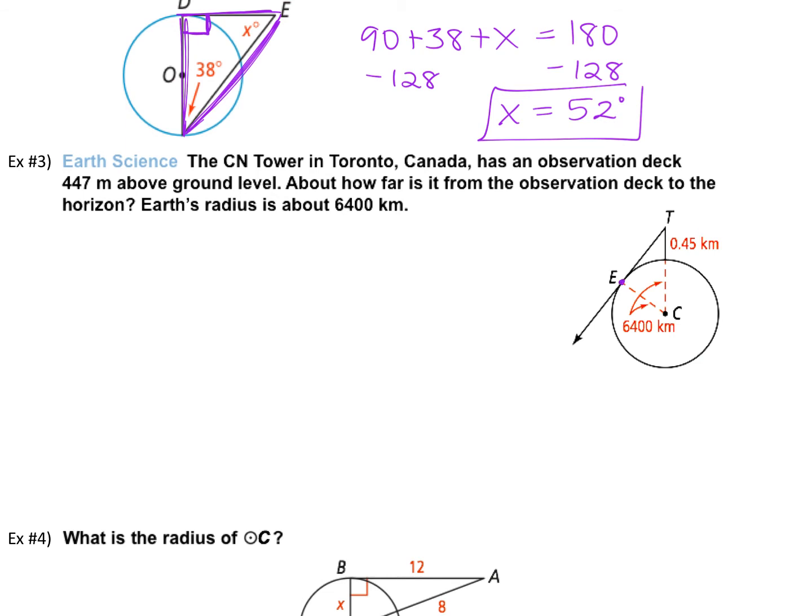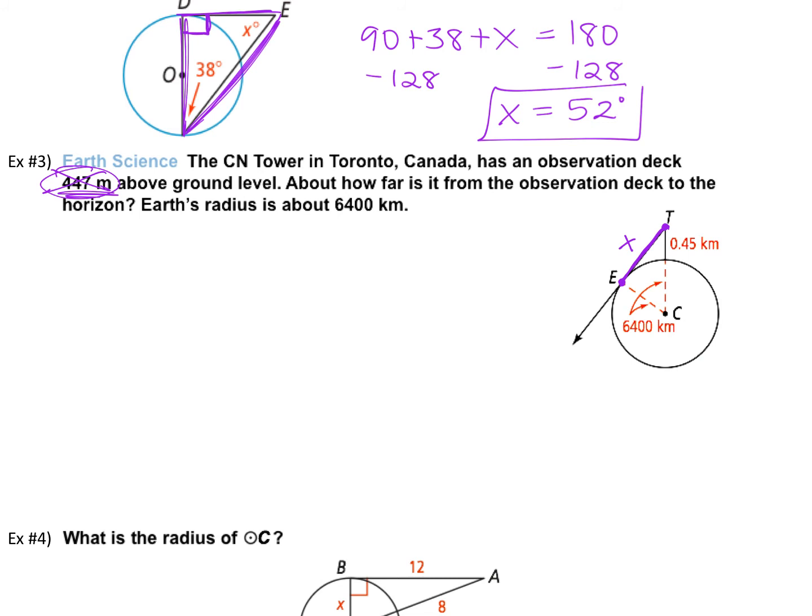So they're saying how far is it from here, from T, to the horizon? Call it X, okay? TE. How far is X? They already converted for you, which was nice of them, 0.45 kilometers. So you don't need to worry about this 447. We're not using it.